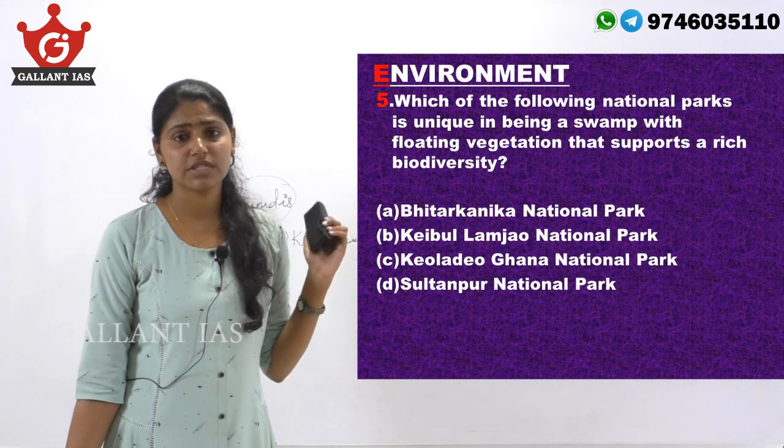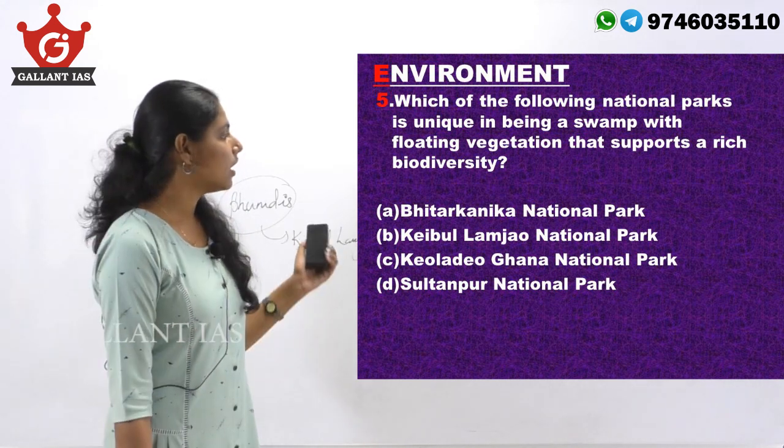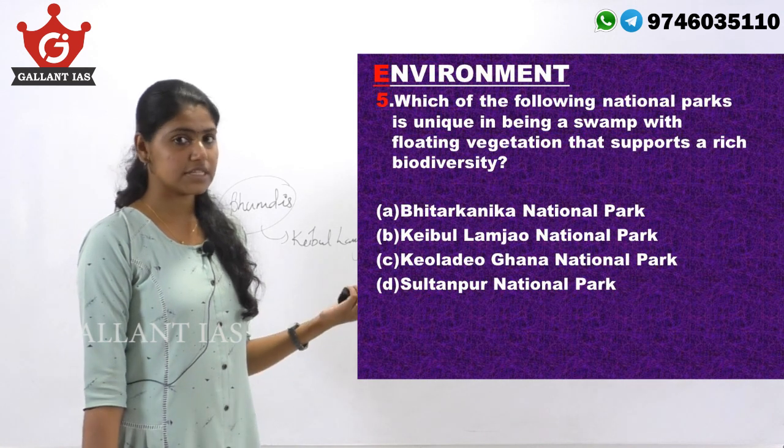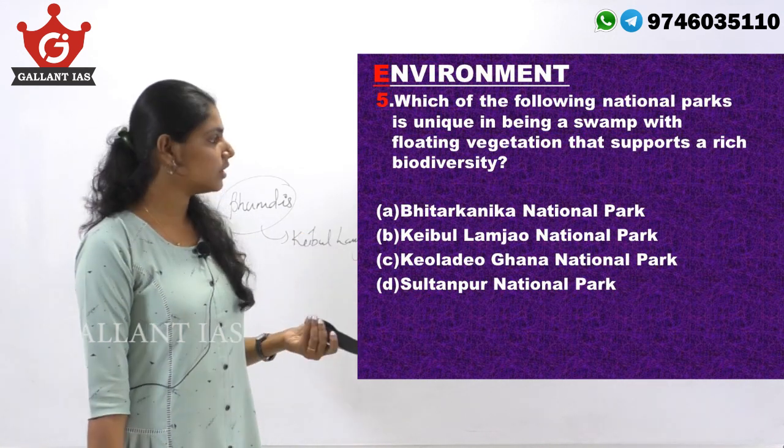You can also see the dancing deer in Keibul Lamjao National Park, which is found in the northeastern state of Manipur. So here our answer is option B, Keibul Lamjao National Park.